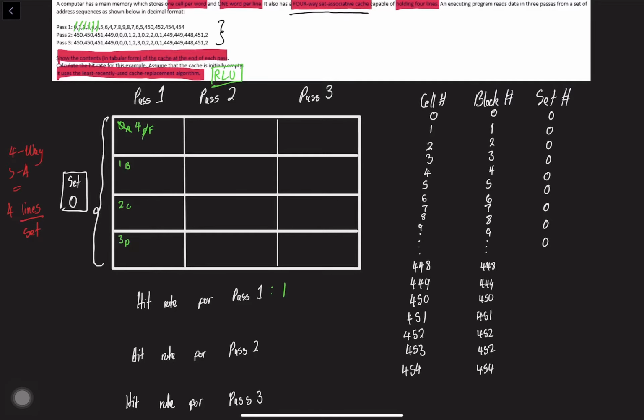We'll jump on to the next one, 5. 5 shows us that we don't have another 5 in the cache, so we will have to find a spot for this in the 4 different lines that we have. But since we have the LRU to aid us in making our decision, we will say B because it's the least recently used.